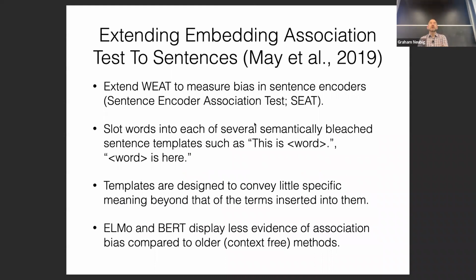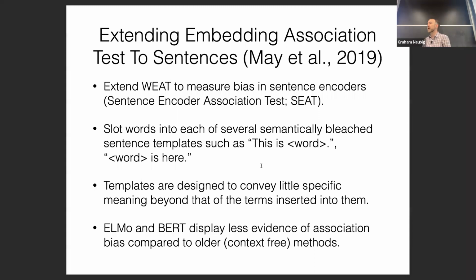You can also extend these to sentences. The way you do this is you take a sentence encoder and get an embedding from it in some way, and then you can use a similar test. One way to do this is to slot words into several semantically bleached sentence templates, like "this is blank" or "blank is here."